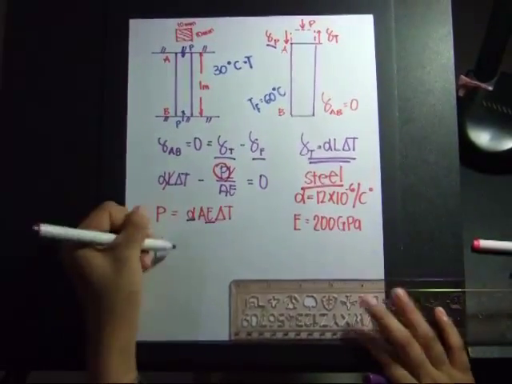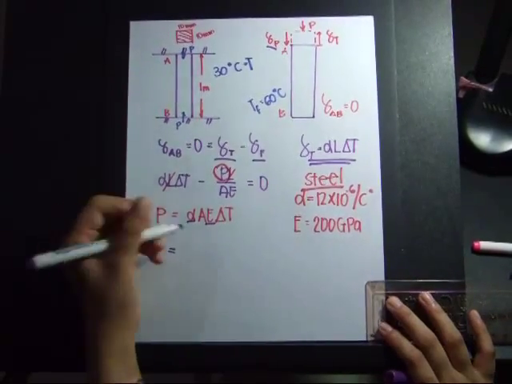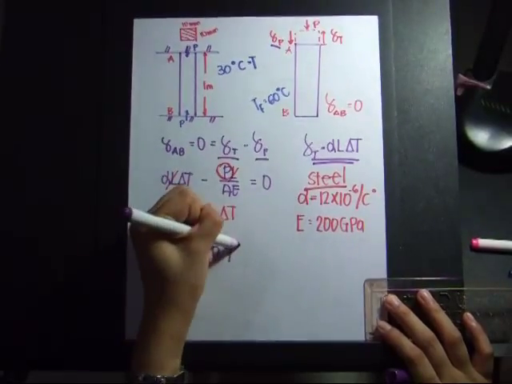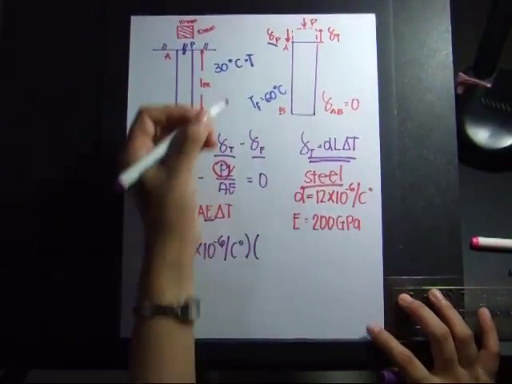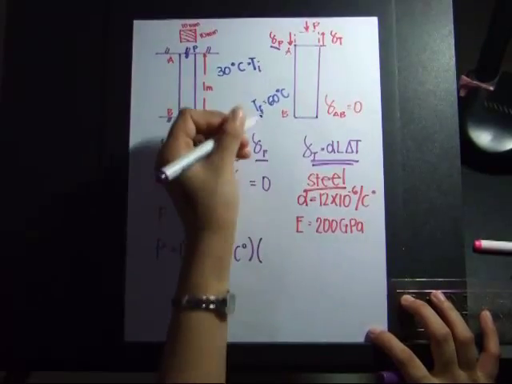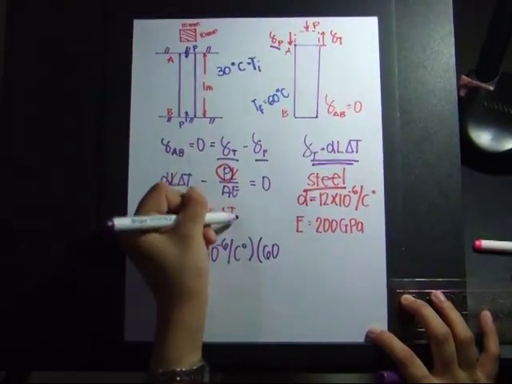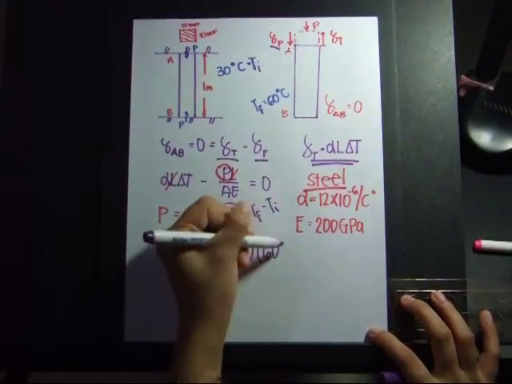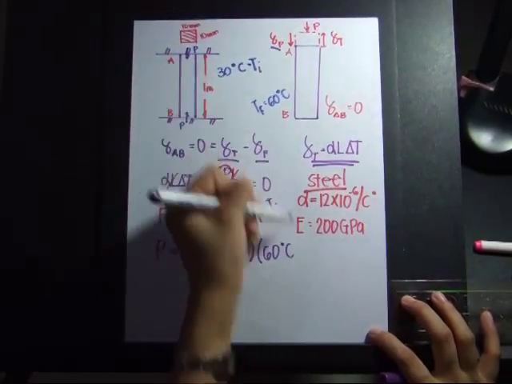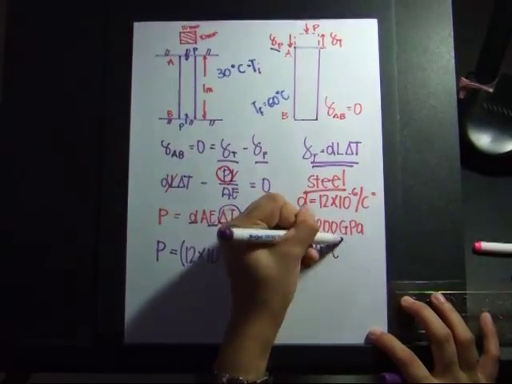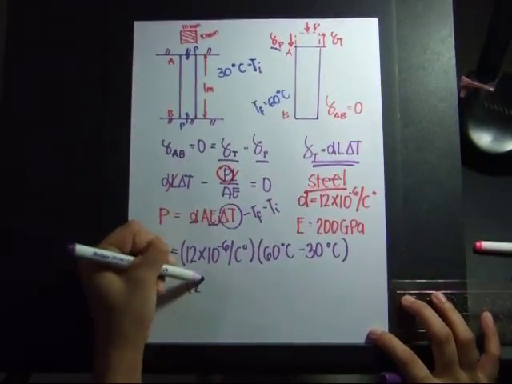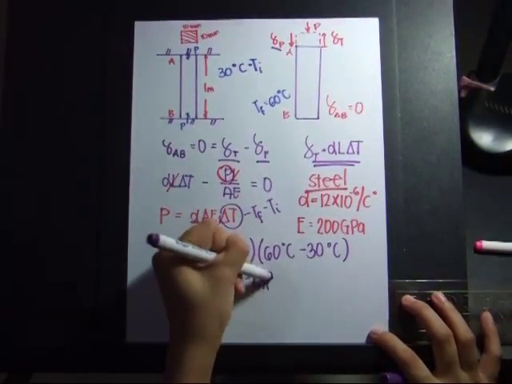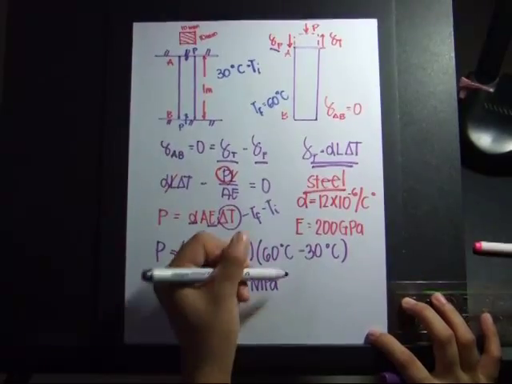So substituting this into the formula, we have 12 times 10 to the negative 6 per Celsius degree, and our temperature change, of course, is the final temperature subtracted by the initial one, so we have 60 degrees Celsius minus 30 degrees Celsius, multiplied by 200 times 10 to the third power, so we have to convert it to MPa.